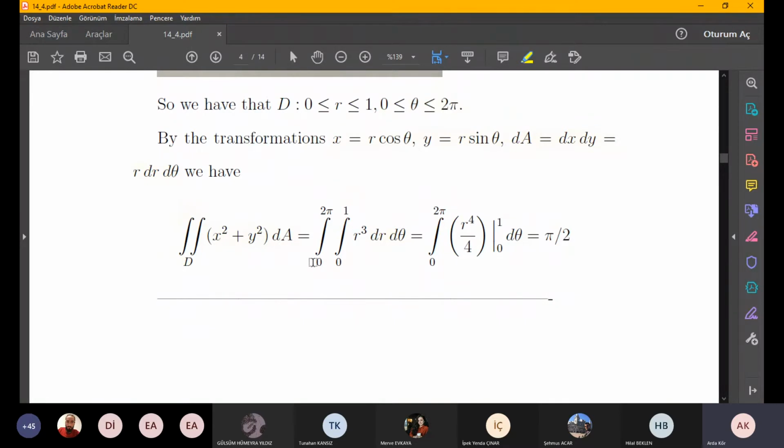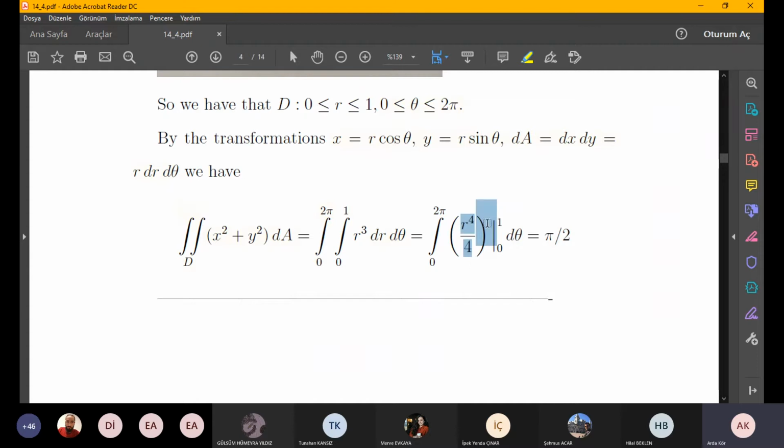That means the lower limit of integration will be 0, and the upper limit will be 2 pi. Then you compute the inner integral, which will be r to the fourth over 4 from 0 to 1.